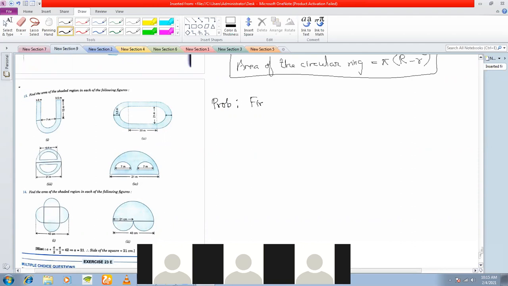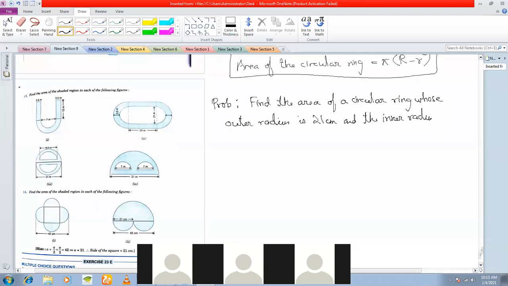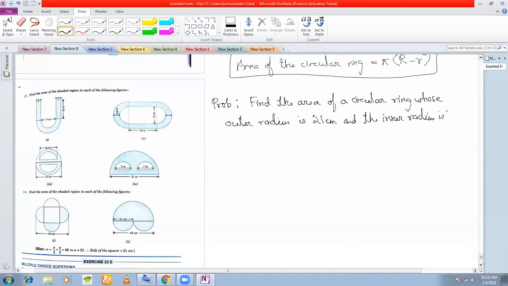Find the area of a circular ring whose outer radius is 21 centimeter and the inner radius is 7 centimeter.